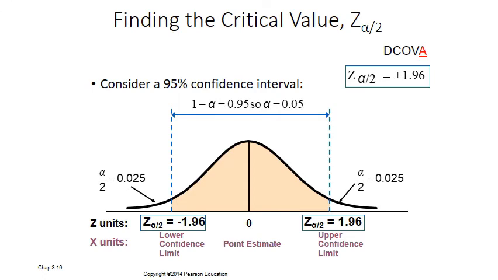Now, as I said, for a 95% confidence interval, how do we know z alpha by 2 is 1.96? 95% is the acceptance area, so the margin of error is 5%, which we divide into two portions, 2.5% here and 2.5% here. So alpha by 2 is 0.025.